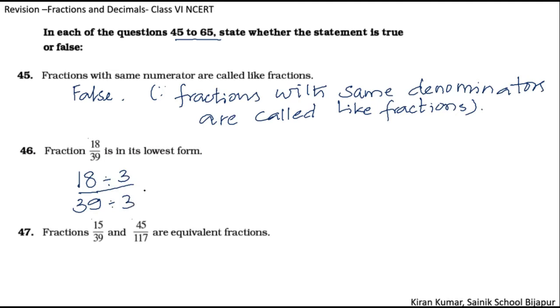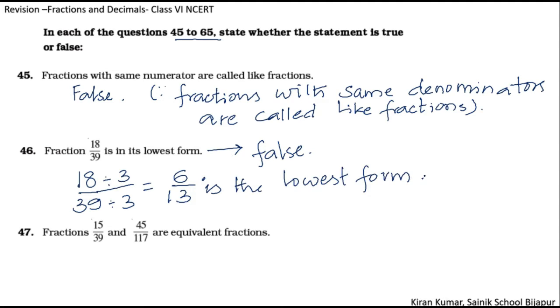So if I take 3, 18 by 3 is 6, 39 by 3 is 13. So 6 by 13 is the lowest form. So this particular statement is false because 6 by 13 is the lowest form.